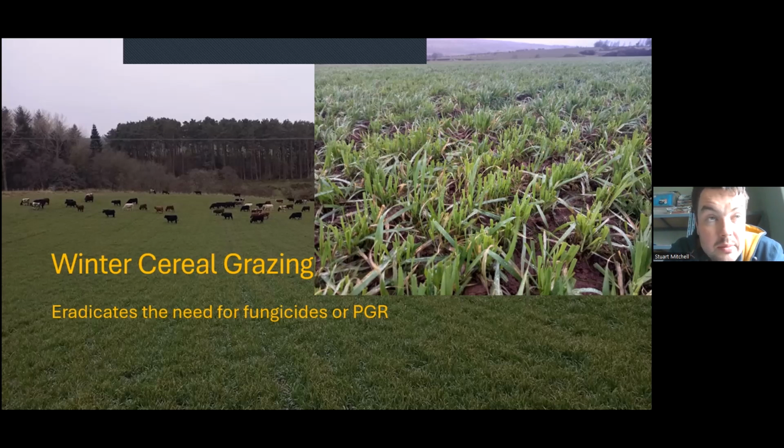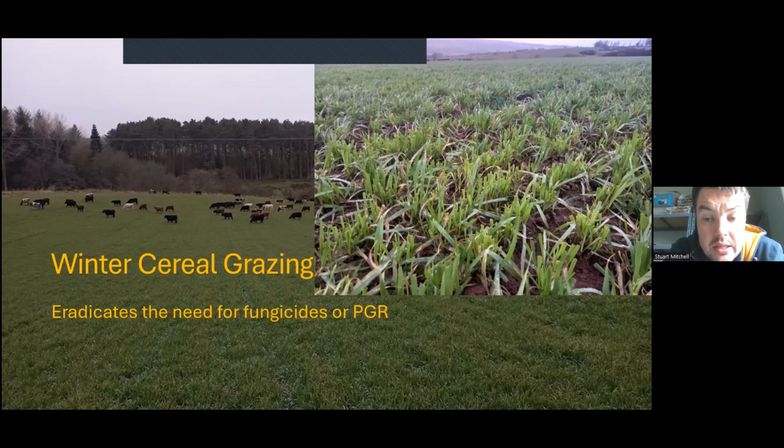The biomass between the fields, you couldn't really tell the difference. You definitely wouldn't think there was any less. But when we went through with the combine, it was noticeable how much less disease there was on the part of the field that had been grazed. It's mainly things like yellow rust.